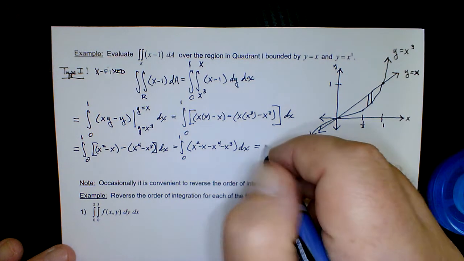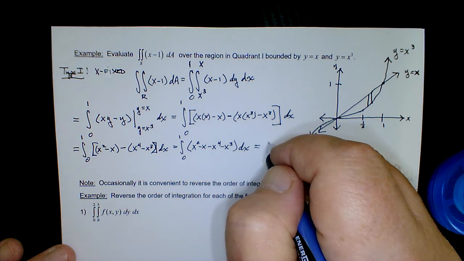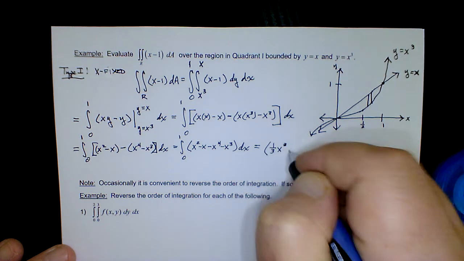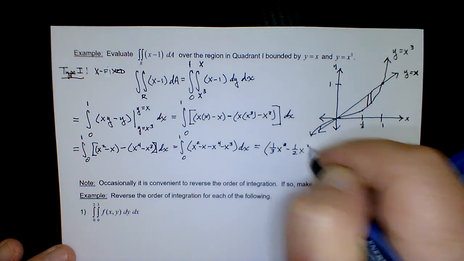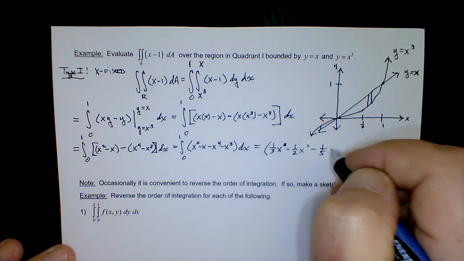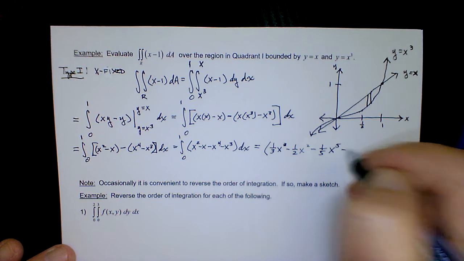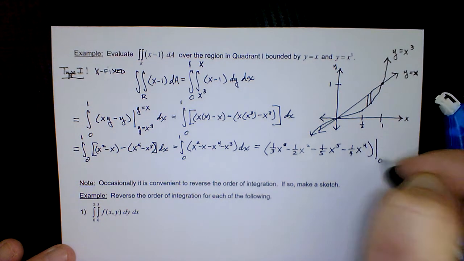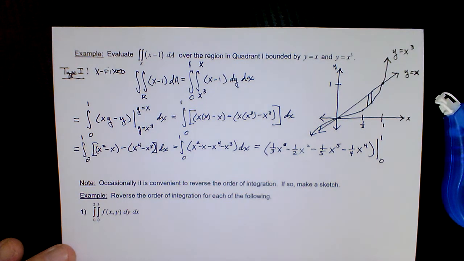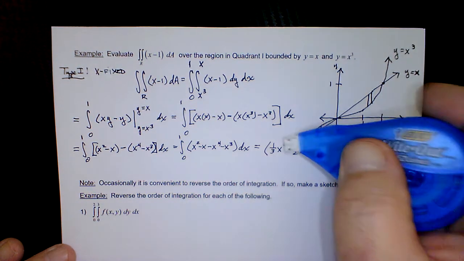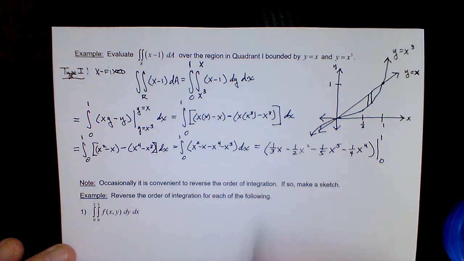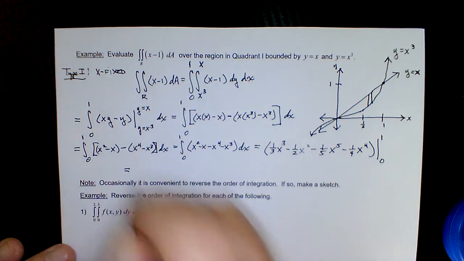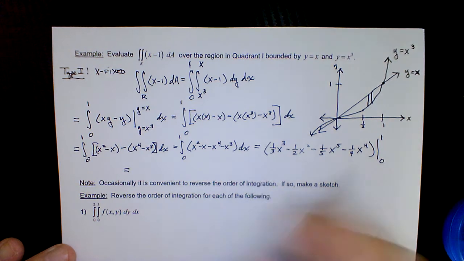Now integrating, and so that's going to be 1/3 x cubed minus 1/2 x squared minus 1/5 x to the 5th, and then minus 1/4 x to the 4th, all evaluated from 0 to 1. Just in case you can't see that clearly, that's a cube. Okay, and now fundamental theorem on that. Plug in the 1. I'm not going to show it explicitly.